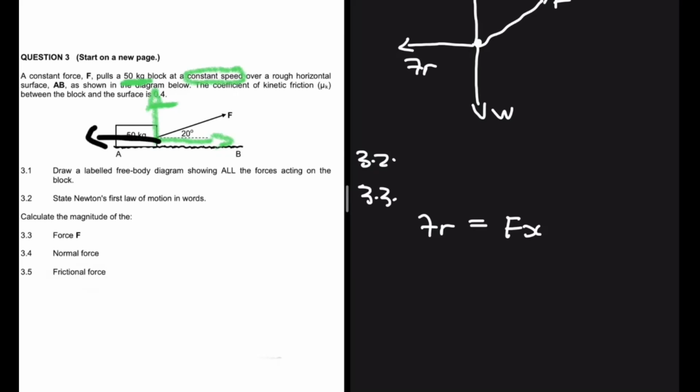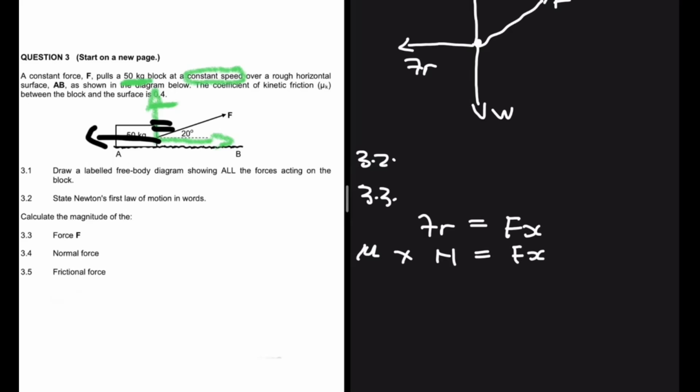So the object is moving at constant speed, so the frictional force shall be equal to the x component of the applied force, right? But then what is the frictional force? We know fully well that the frictional force is the coefficient of friction multiplied by the normal force, and that should be equal to the x component of the applied force.